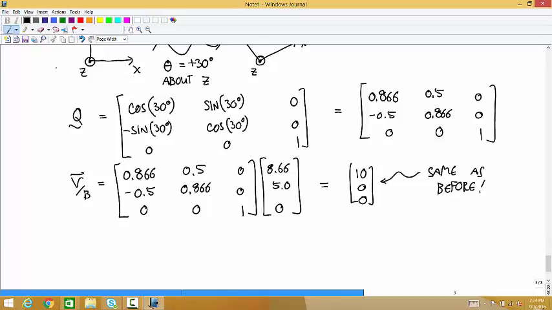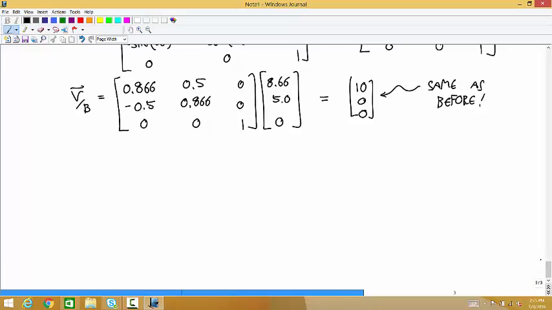But you'll be a lot happier if you have a program, like the one that's listed on D2L, where you just enter in the angle and the axis number, and it produces that matrix for you, so it's really fast. Okay, so to re-express a vector in a new coordinate system, you just left multiply the vector by the matrix, right? It's similar to re-express a tensor in a new coordinate system.